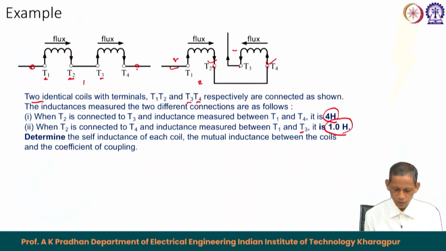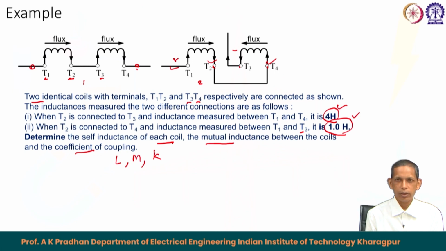So, in one case we are getting 4 Henry, and in the other case we are getting 1 Henry. Determine the self inductance of each coil, the mutual inductance between the coils and the coefficient of coupling K. These are to be found from these observations.